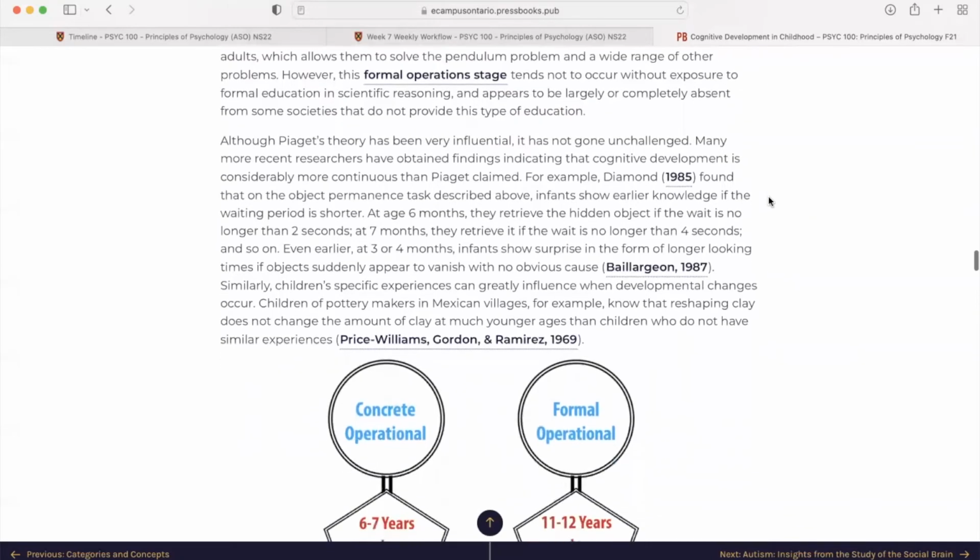Although Piaget's theory has been very influential, it has not gone unchallenged. Many more recent researchers have obtained findings indicating that cognitive development is considerably more continuous than Piaget claimed. For example, Diamond in 1985 found that on the object permanence task described above, infants show earlier knowledge if the waiting period is shorter.